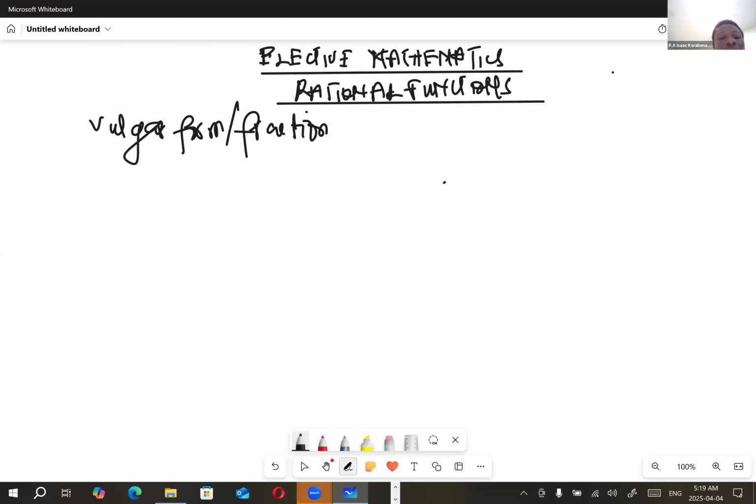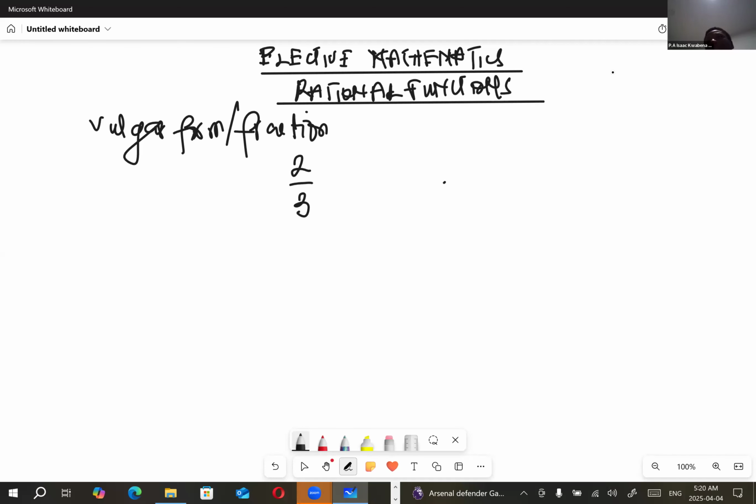Okay, so an example, I believe you know what fractions are, right? An example is 2/3. So this is written in a vulgar or fractional form, so it makes that a rational function or expression.